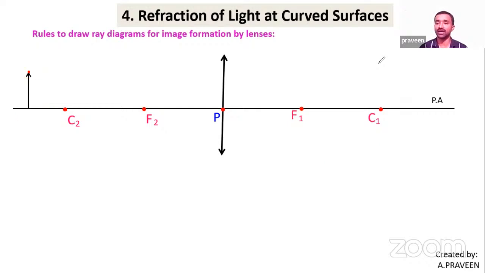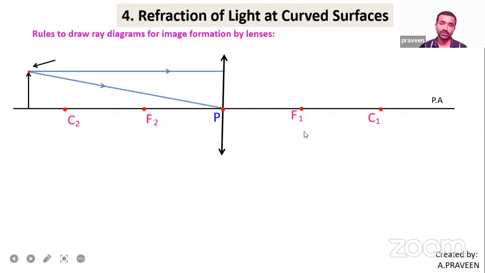Two light rays from the top of the object. One is parallel to the principal axis from the top, as you see. Then the next one is passing through the optic center. Always fixed for any lens, the first light ray and the second light ray.